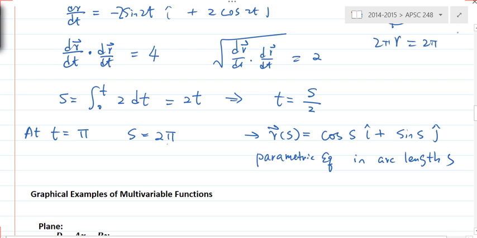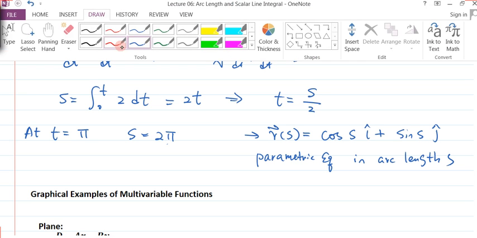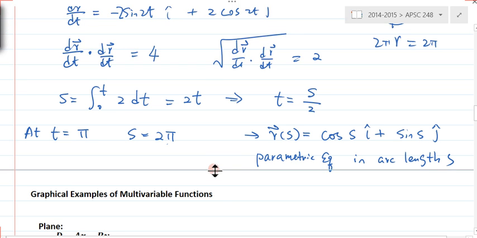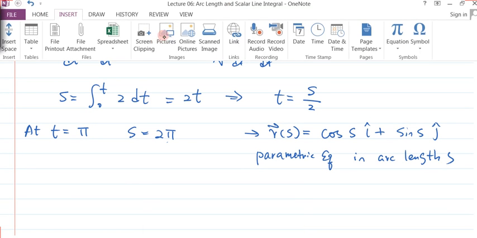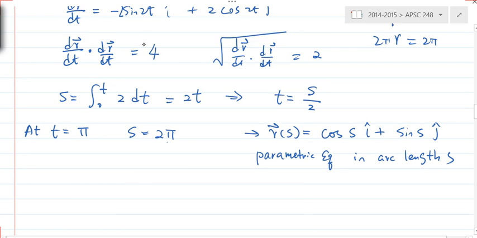A lot of times there is a very subtle difference though. If you remember, here's the parametric equation. Then what's the unit tangent vector? So what would you do? The t hat equals dr over dt over what?